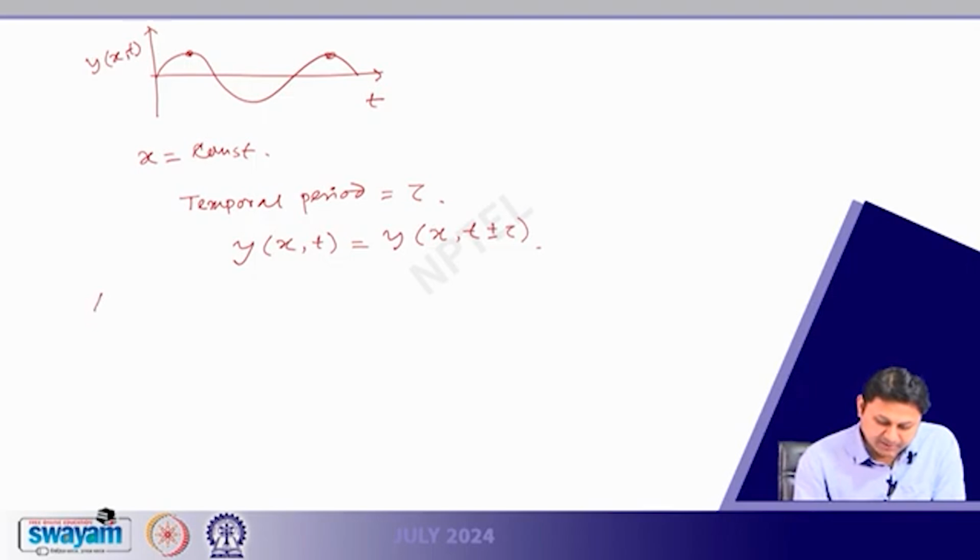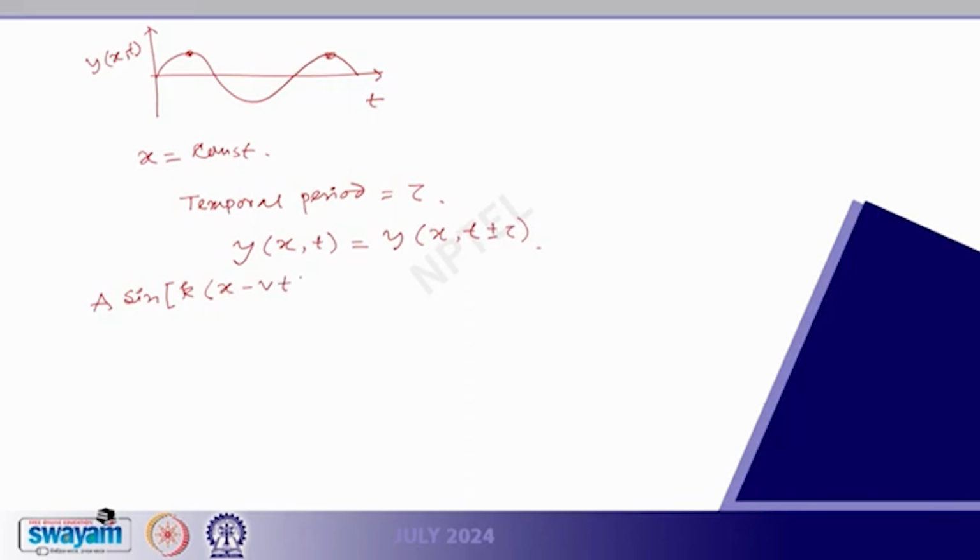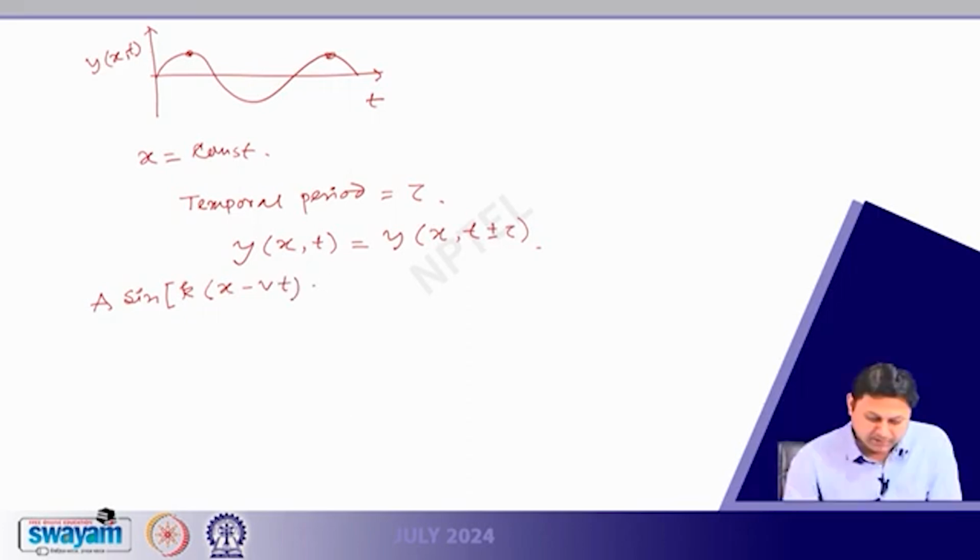So I can have a sine k x minus vt, and then that is equal to a sine k x minus v t, say, plus tau.